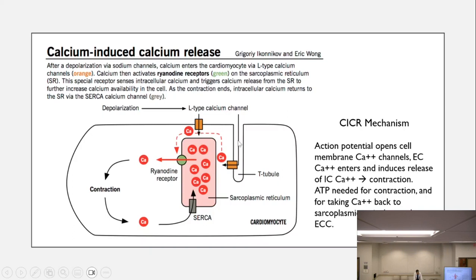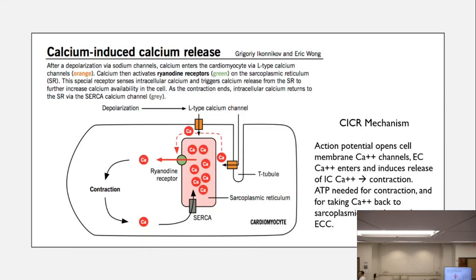The depolarization continues down the T tubules, opening calcium channels here as well, letting calcium in, and that calcium is the one that is going to open calcium channels in the sarcoplasmic reticulum of the cardiac cells.